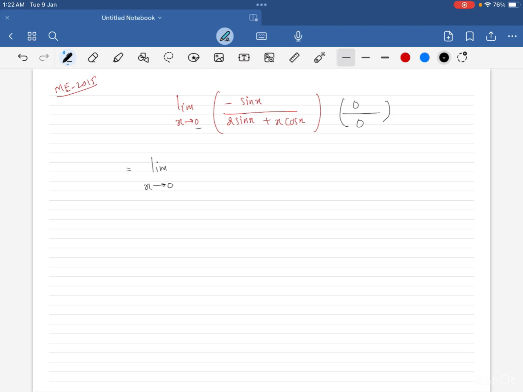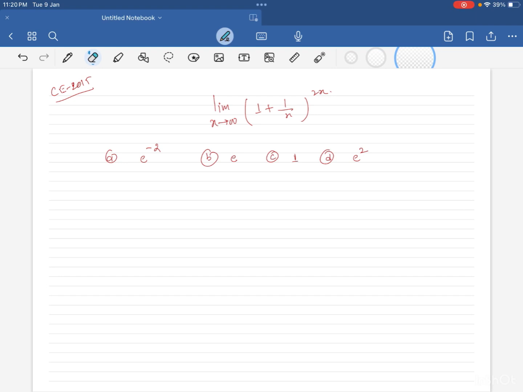So that means limit x tends to 0, that is going to be minus cos x divided by 2 cos x plus x into minus x sin x plus cos x. Now that will be 1 divided by 2 plus 0 plus 1. So that is going to be 1 divided by 3, that is 0.33.